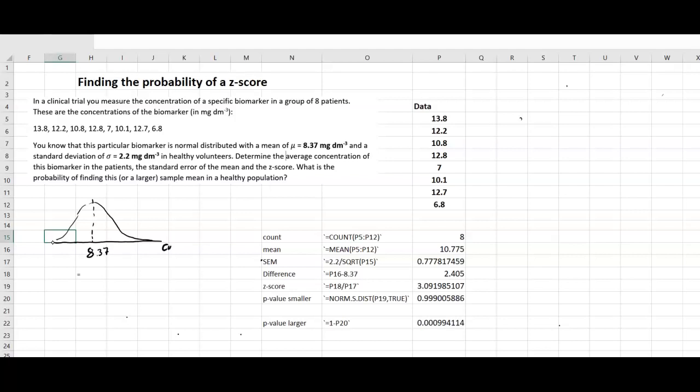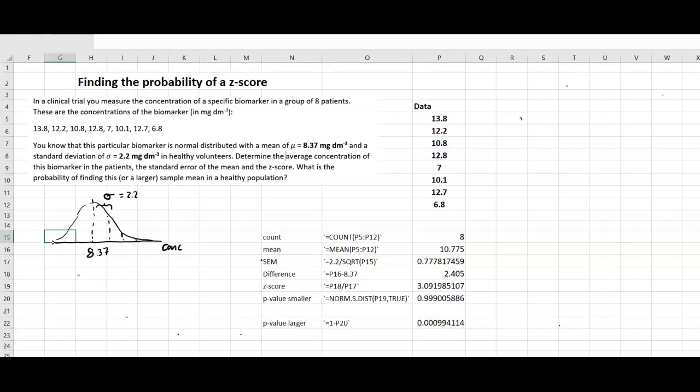So here we have our concentration of the biomarker. And we know that it has a standard deviation, and I indicate it like that. So this would be our standard deviation of 2.2 milligram per cubic decimeter.